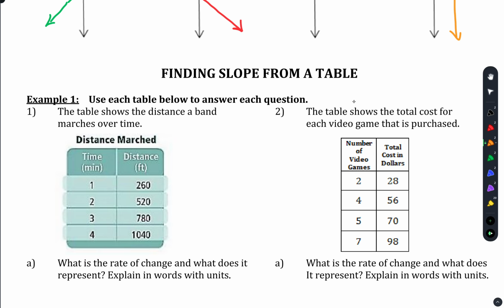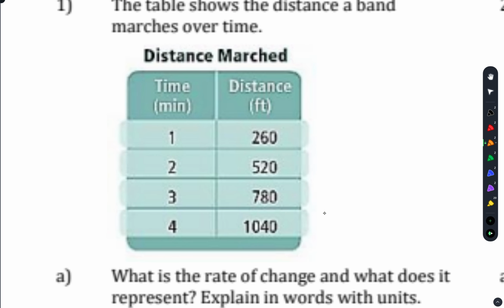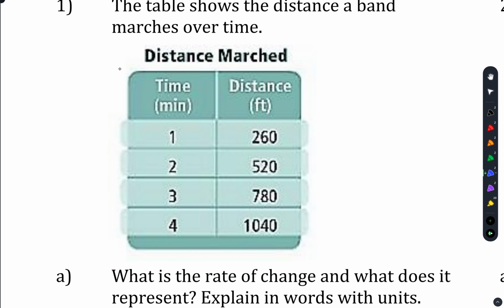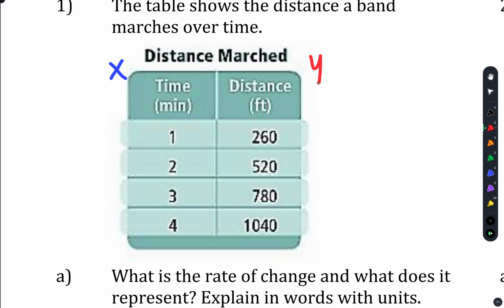Okay, so we're going to find slopes or rates of change in 3 different ways. The first one we're going to do is by looking at a table. This is a table of x and y values. It doesn't say x and y, but we can pretty much assume that x's are on the left, y's are on the right. If I'm thinking about slope, I'm always thinking about the change.